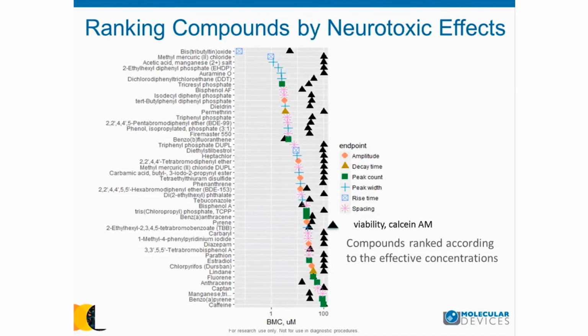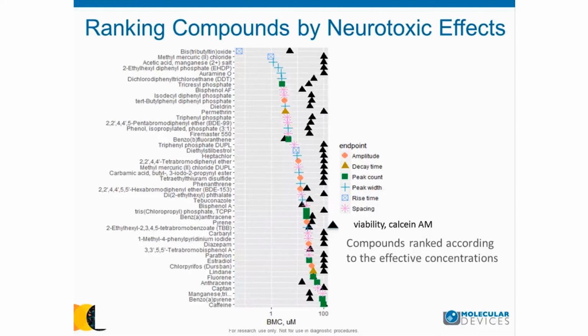We can calculate effective concentrations of the compound effects for different readouts, and then we can rank compounds for their potential neurotoxic hazard. On this graph, you can see effective concentrations for different readouts, so the smallest one is presented.